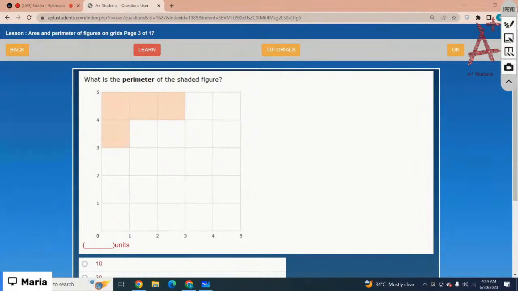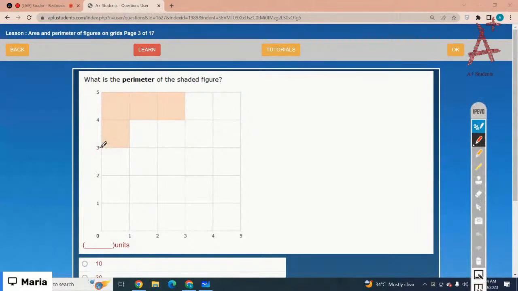So for the perimeter, make the border and just keep counting how many squares you are passing by. 1, 2, 3, 4, 5, 6, 7, 8, 9, 10. So the perimeter of this shape is 10. The correct option is 10.